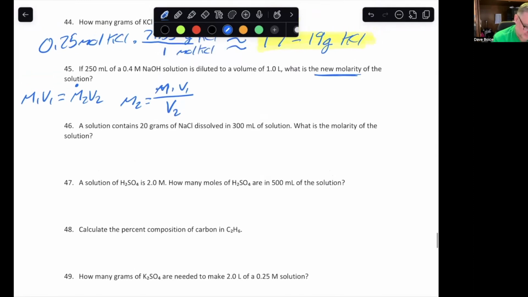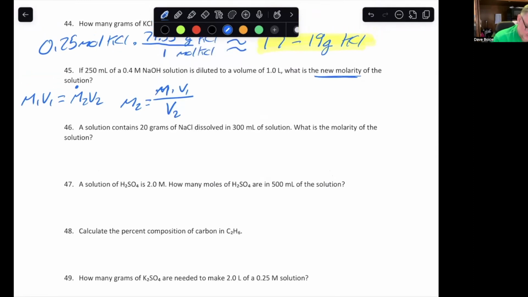Okay, now it's just kind of a plug and chug sort of thing. So my M1, now be careful. First time I did this, I wrote 4 moles. I just saw 4, I messed up. So I had to go in and redo this one, but it was 0.4, not 4, times 250 milliliters, which you should just look at and immediately see, okay, that's 0.25 liters.